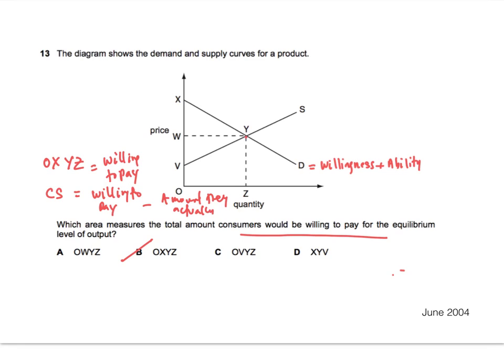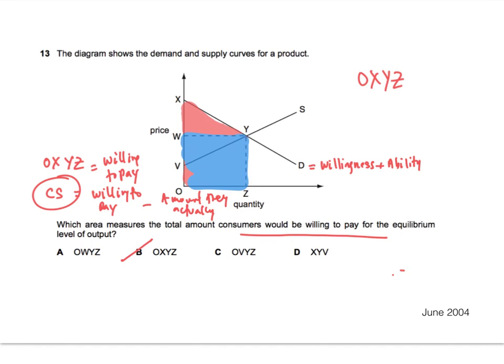So if ever they give you a question about consumer surplus, what we're willing to pay would be O, X, Y, Z, which is basically all this region here. While what these consumers are actually paying is this region here.